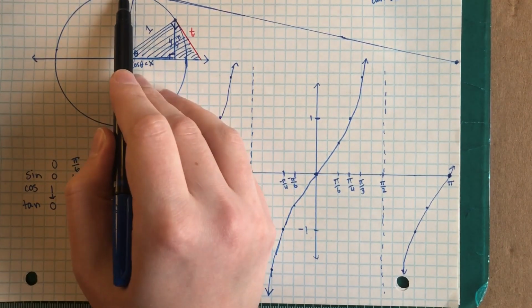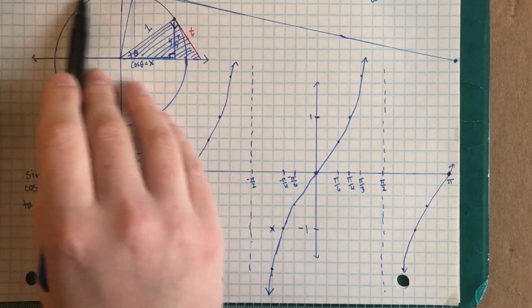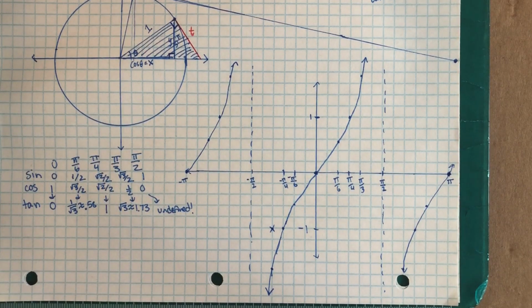And if we draw a tangent line exactly from this point, it would just be parallel to the x-axis. It would never touch it. So we can't really draw a tangent line down to the x-axis. That's one way to visualize it.